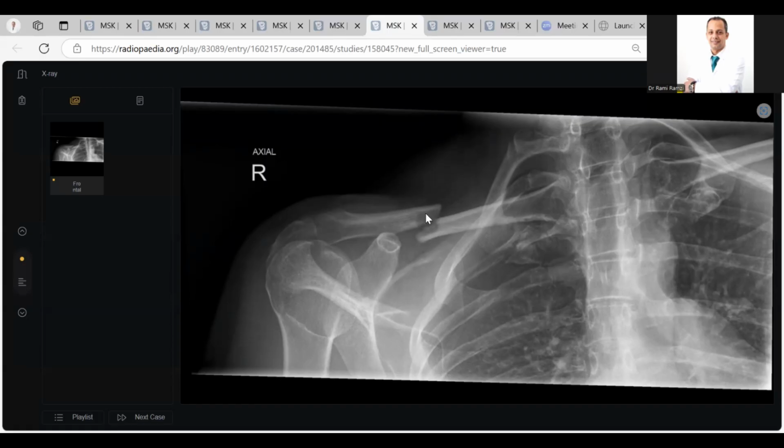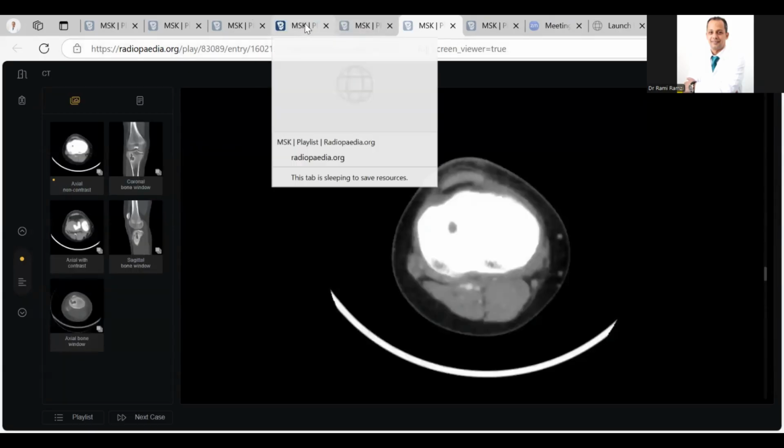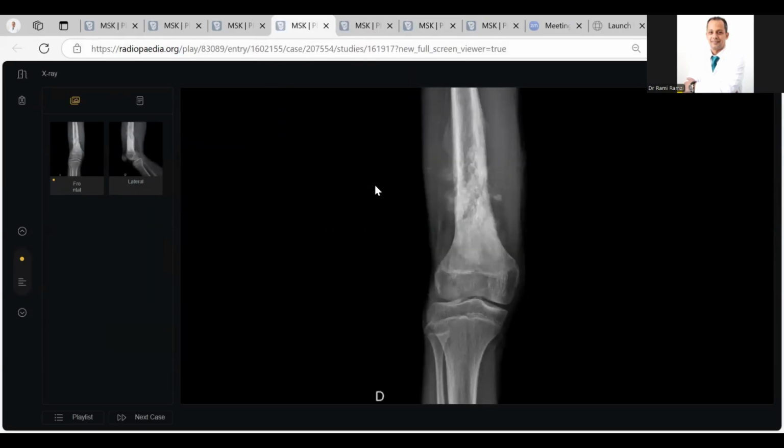But by the way, there is no lucency here, and there is a visceral pleural rim here. This is a pneumothorax. And this case is pass or fail. In each shoulder film, please look at the lung.